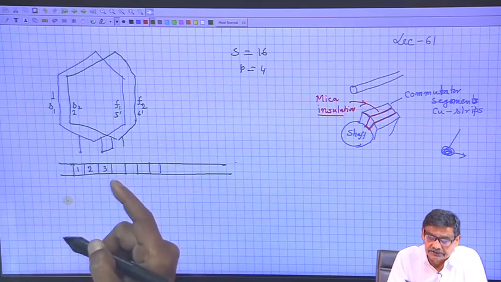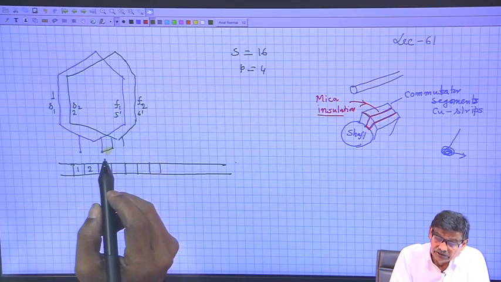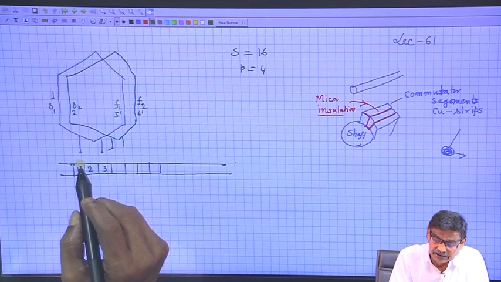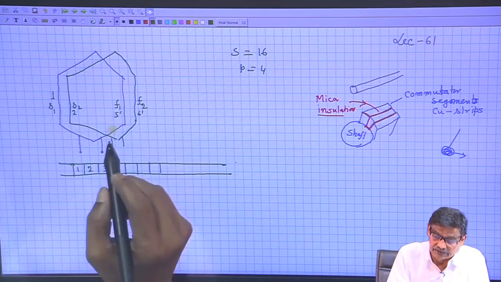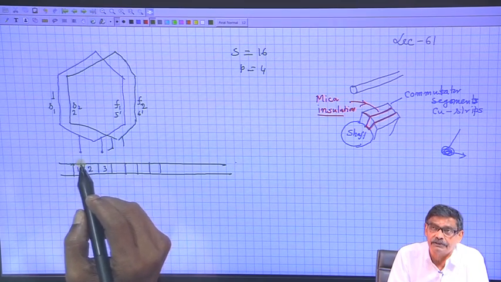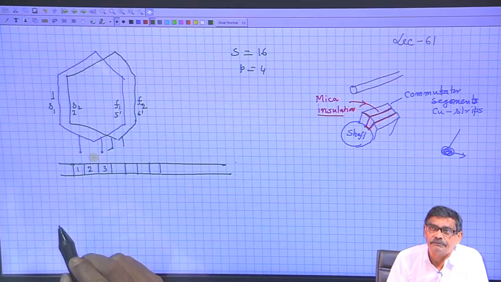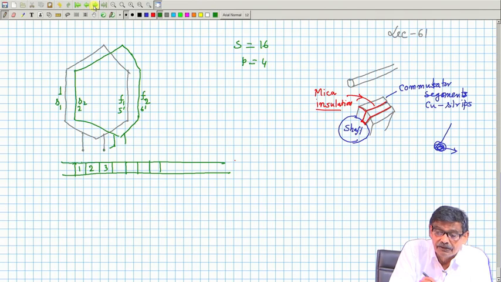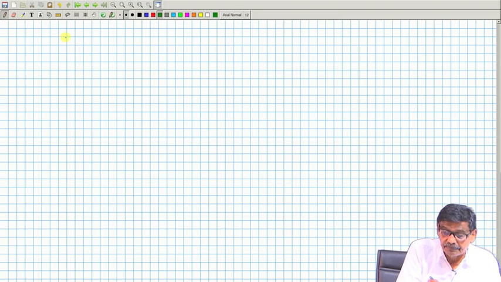So, for each junction I require a commutator segment. So, this junction I will connect to commutator segment, suppose 1, that is where is the junction, first coil and second coil. The junction I will drop it to 1, then second coil I will drop it to 2, and so on. Okay. Now, I will go straight away to the winding table in its full form, winding table.